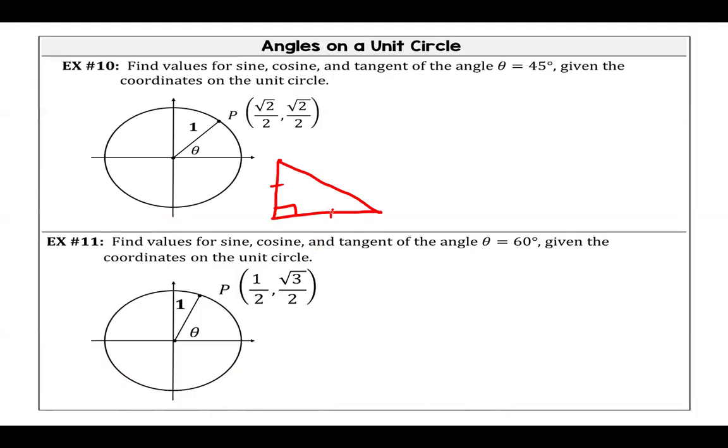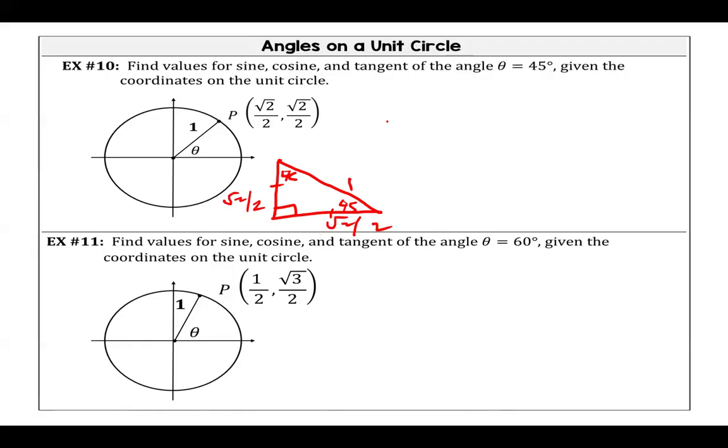So we know that therefore these have to be 45. My sides are equal, and these have to be 45. And we know that across from 45, if the hypotenuse is 1, the value is square root of 2 over 2.